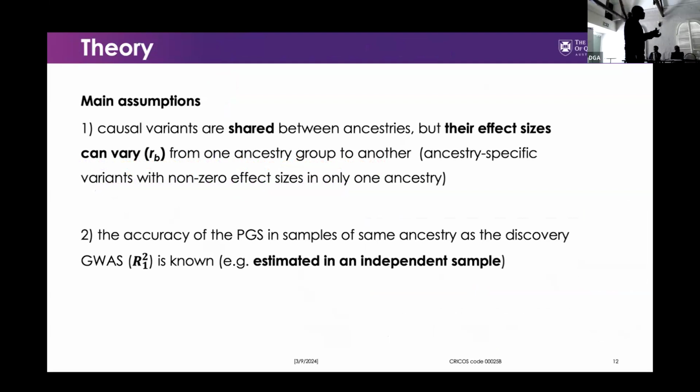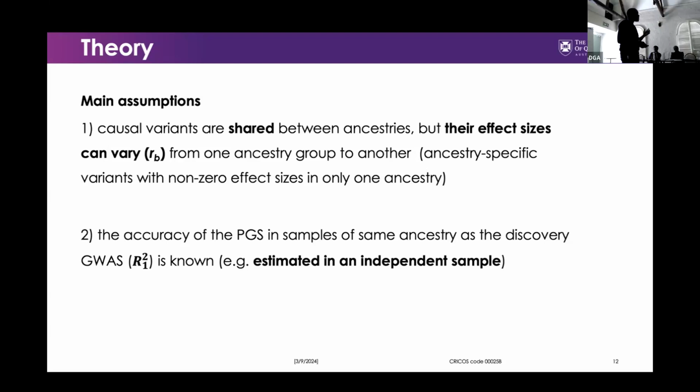Even if we are making all those simplifying assumptions, we wanted to at least have a theoretical framework that would allow us to see where differences in effect sizes or differences in heritability between populations may play in that loss of prediction accuracy. So we integrated that in the model: we assume that the causal variants are the same, but the effect sizes are correlated with a correlation which is not exactly one, captured by this parameter.